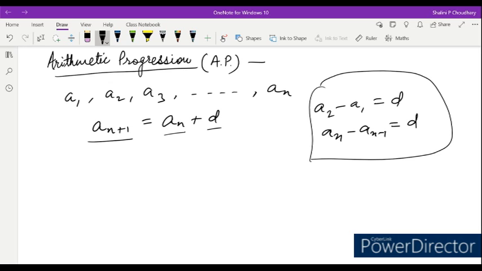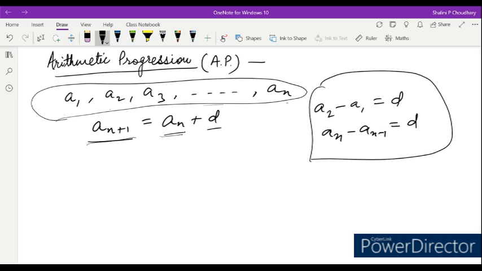So if there is a sequence like a1, a2, a3 up to an such that a(n+1) is equal to an plus d, then this sequence will be called an arithmetic sequence or arithmetic progression.